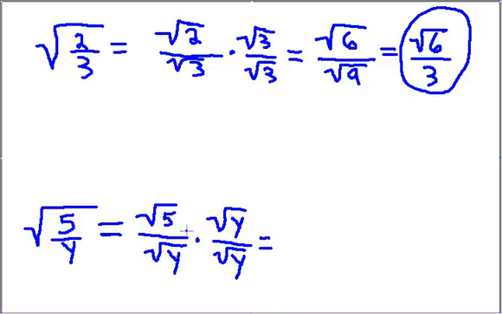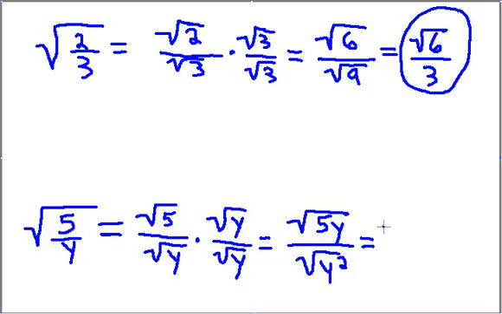Now let's go ahead and perform the multiplication. We have two fractions being multiplied together. You multiply your numerators. So radical 5 times radical y is radical 5y. That's our numerator. And in the bottom, radical y times radical y is radical y squared. We still have a radical in the bottom, but it is in fact a square now, so we can simplify it.